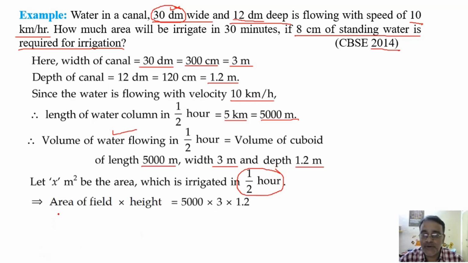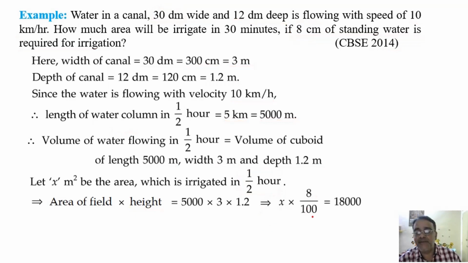So the formula I told you, area of field into height is equal to the volume of water from the canal in half an hour, that is length into breadth into height, 5000 into 3 into 1.2. So height is given as 8 centimeter, but the unit we are using is meter, so we have to divide it by 100. So this implies that x into 8 by 100 is equal to 18,000.